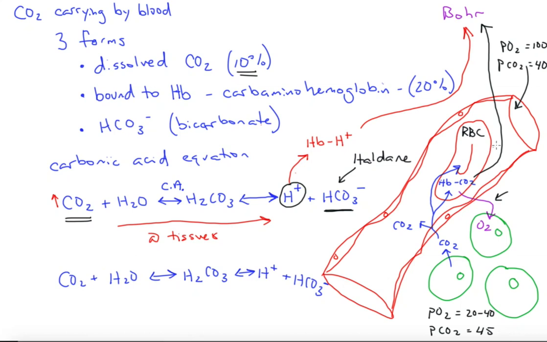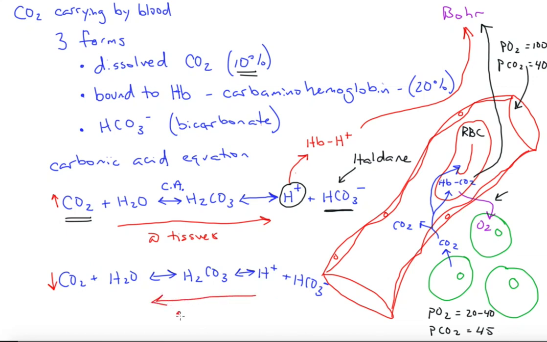So what's going to happen to the CO2? At the lungs, the CO2 is going to go down, because we're getting rid of it. This dissolved CO2 can immediately come out of solution. Well, that's going to favor it coming off of the hemoglobin. That's going to favor this reaction now moving in this direction. If we're reducing the reactants on this side, then we're going to favor the entire reaction moving in this direction.